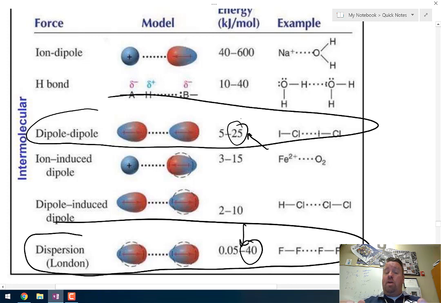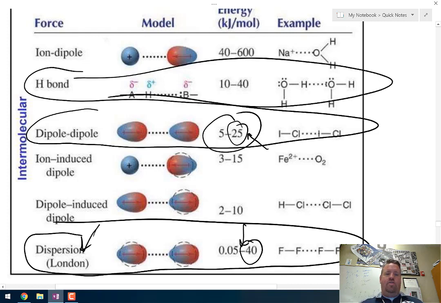Could you have a molecule that has a really big electron cloud and one that's not very polar at all? Could the boiling point of this one be higher? It absolutely could. And what would your reasoning be? The size of the electron cloud in London dispersion outweighs the polarity of the dipole-dipole. And then you do obviously have hydrogen bonding as well. Those are our three main ones.